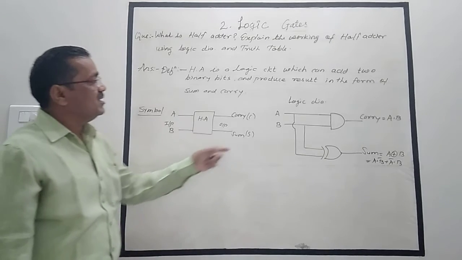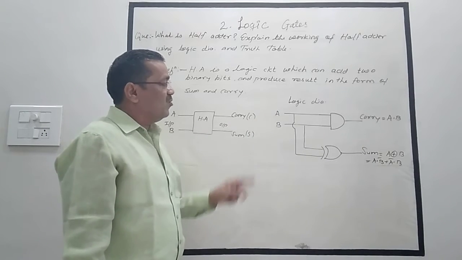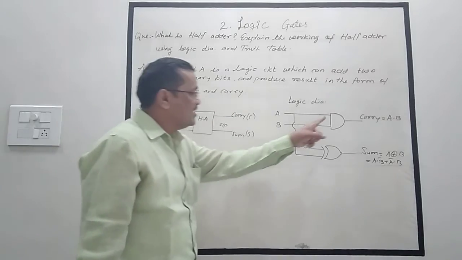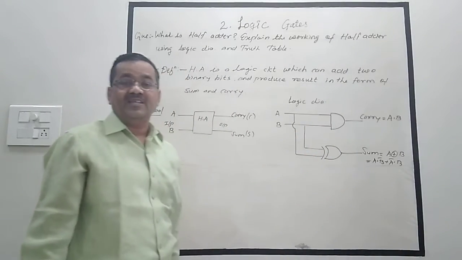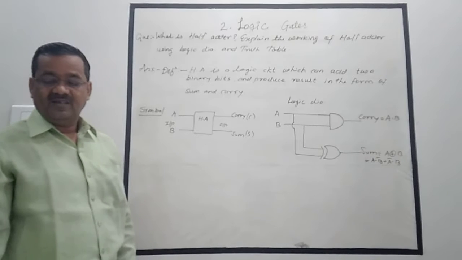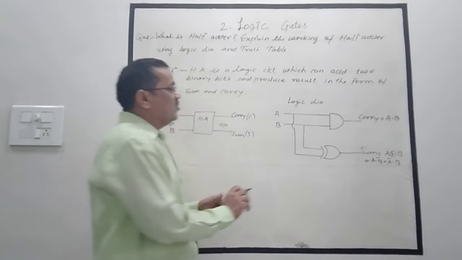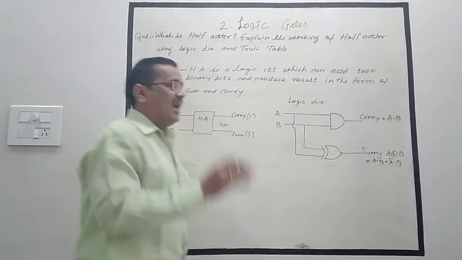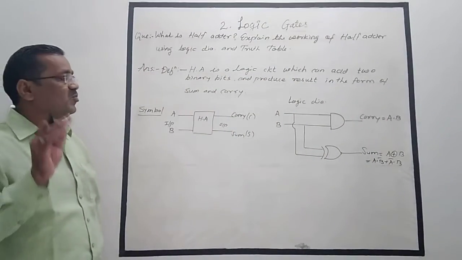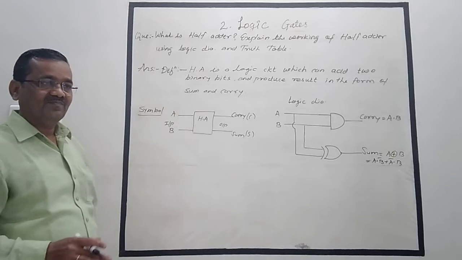To construct the half adder, we require two gates. One is an AND gate and the other is an XOR gate. The AND gate is required to produce the carry and the XOR gate is required to produce the sum.